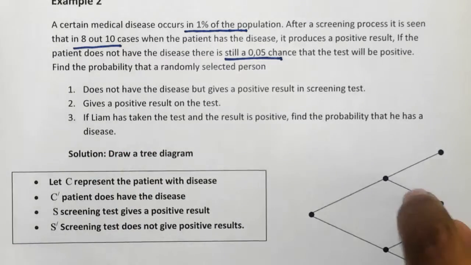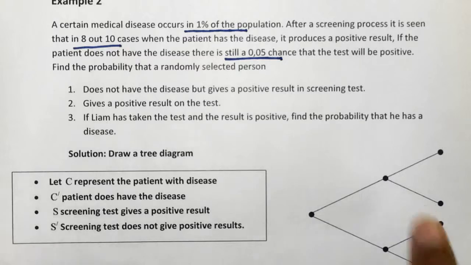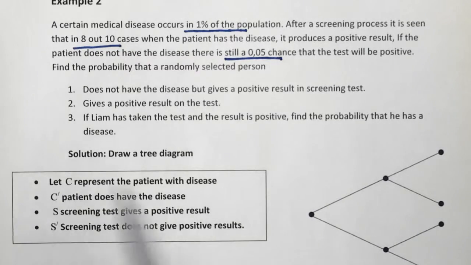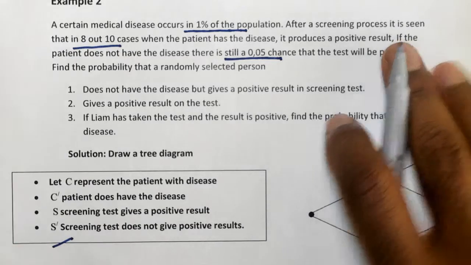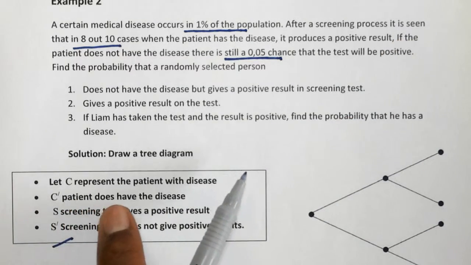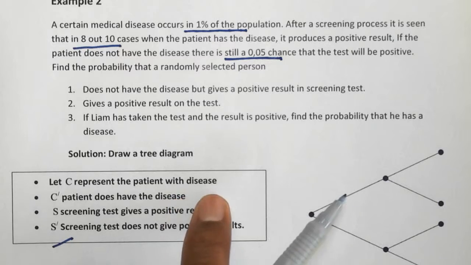Okay, so let's complete our tree diagram first. Before I do that, guys, if you introduce variables, you have to define your variables. Very, very important in the mathematics community. Okay, let's represent the patient with disease.